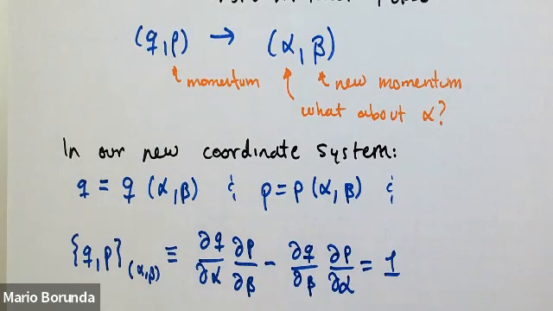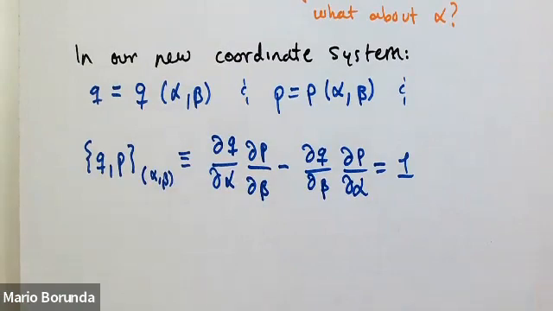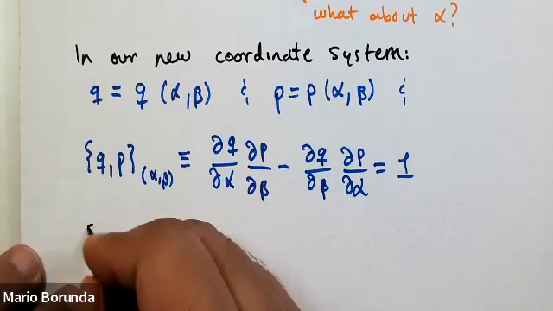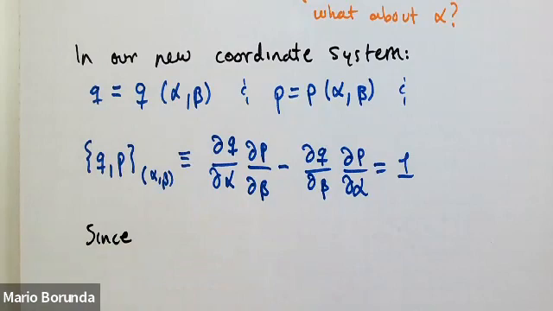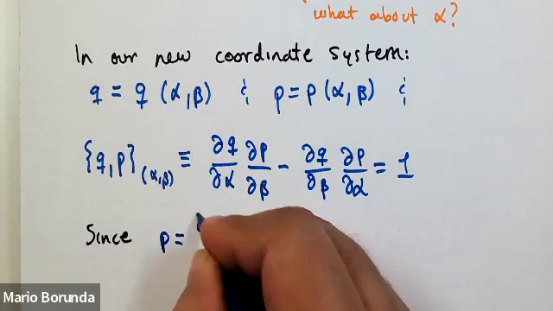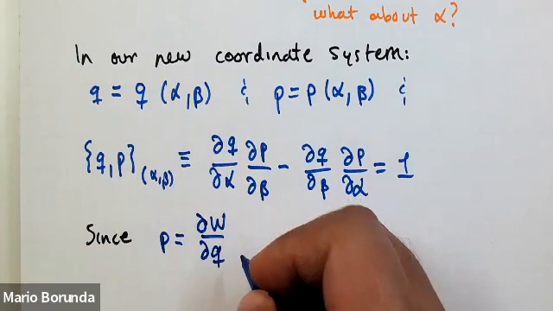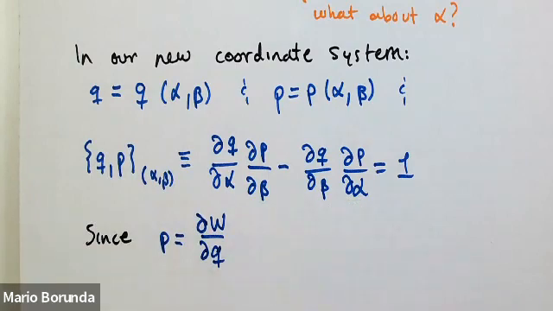All right, just coming back to you guys, what we're doing. So now that you have this, we also know that P is the partial derivative with respect to Q of this quantity. And now you have to remember what depends on what.